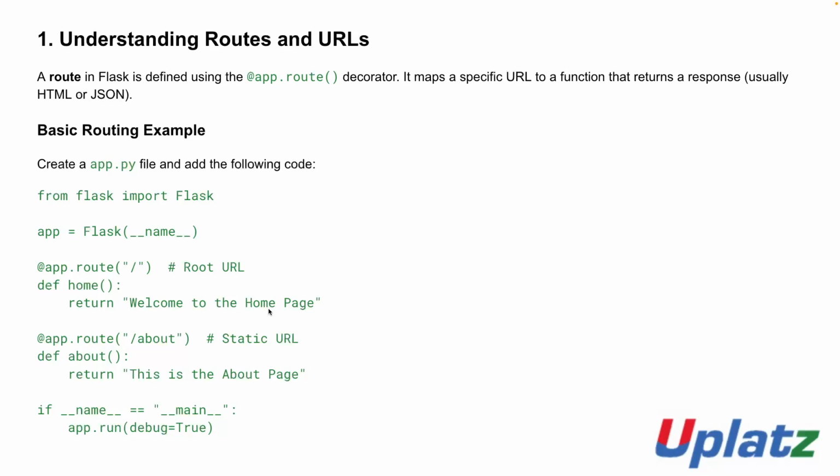Return 'Welcome to the home page'. @app.route('/about') is a static URL, def about, return 'This is the about page'. if __name__ == '__main__': app.run(debug=True).